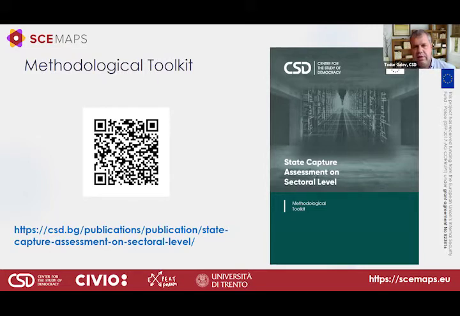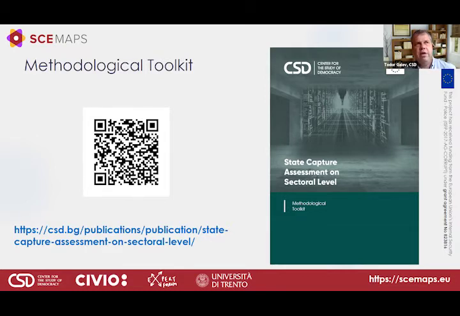You can find it on the web, and it presents in great detail the 3 methodologies, but also all the practical steps that can help you or any other person to implement one or all of these methodologies, including the computational models, including the questionnaires when you have a questionnaire, and so on.